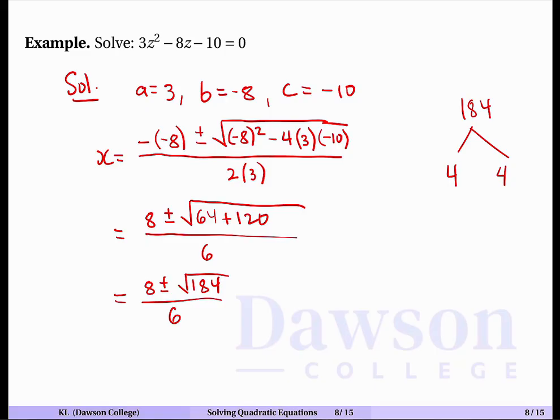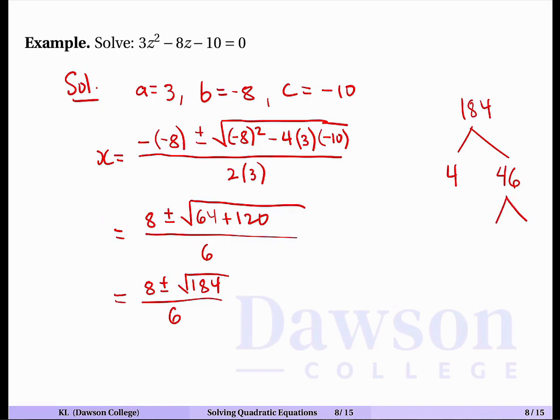If we use 4, the other one is 46. 4 times 46, that's 184.